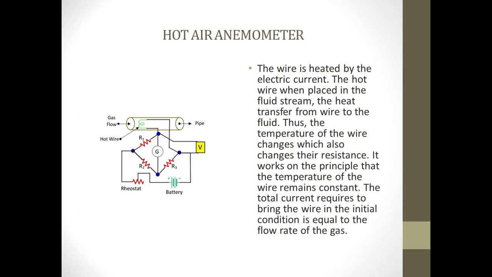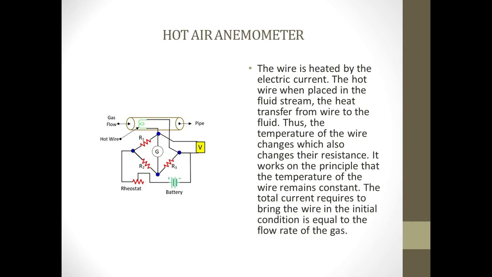The wire filament is usually a fine wire of platinum or tungsten and is mounted in the flow channel by means of a support. The diameter and the length of the wire depend upon the size of the pipe and the maximum flow rate which has to be measured.